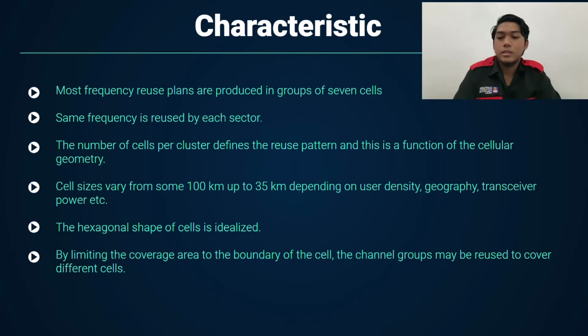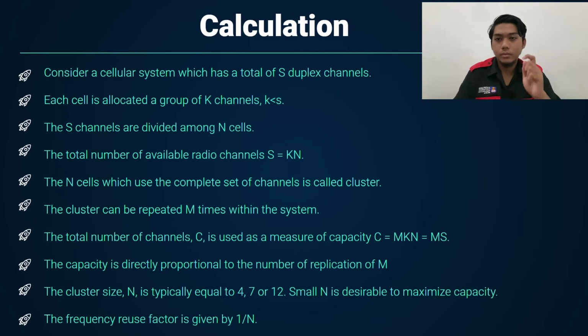The last characteristic: by limiting the coverage area to the boundary of the cell, the channel groups may be reused to cover different cells. Go to the calculation. Consider a cellular system which has a total of S duplex channels.